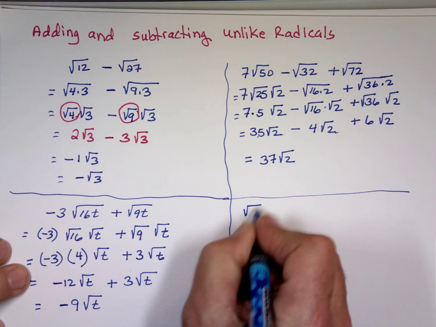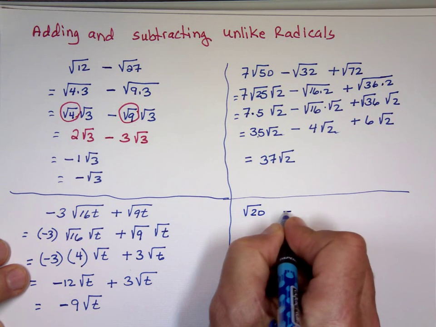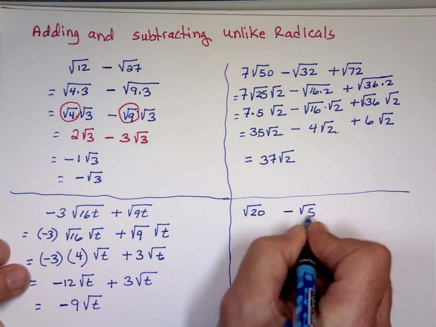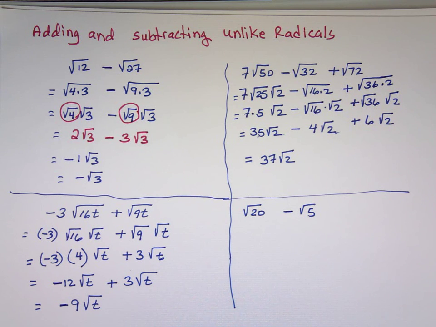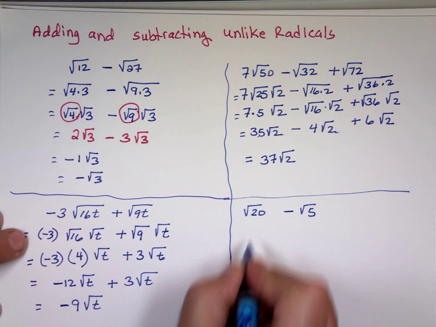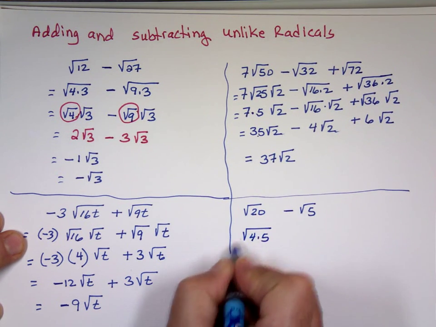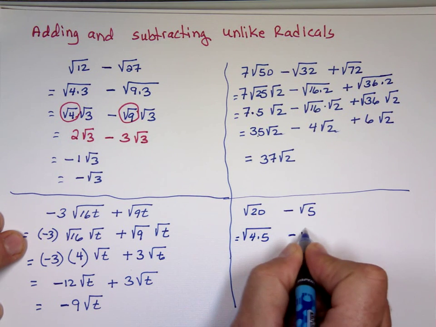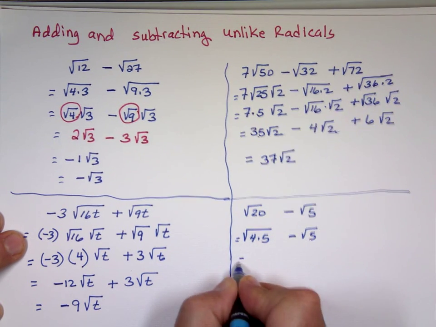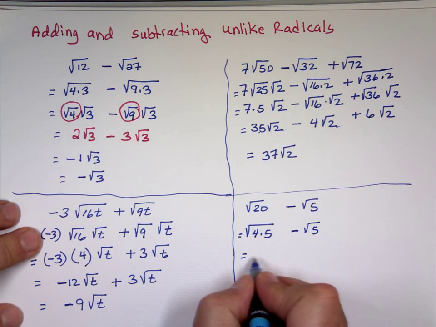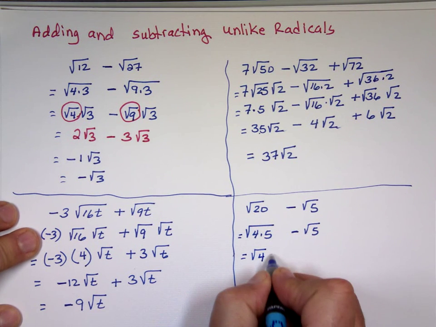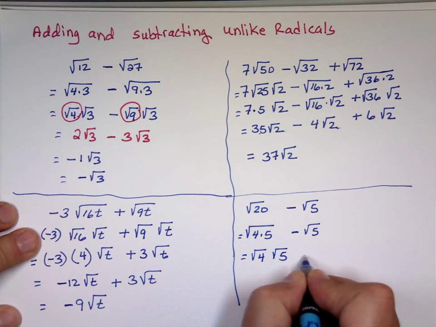The square root of 20 minus the square root of 5. Again, 20 can be broken down to 4 times 5. Which I can break it down to the square root of 4 times the square root of 5 minus the square root of 5.